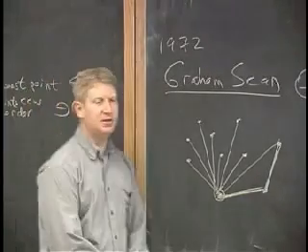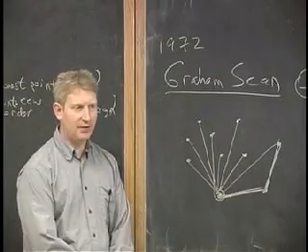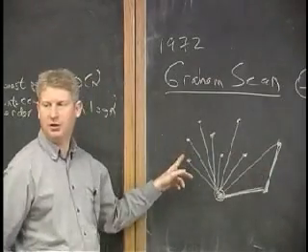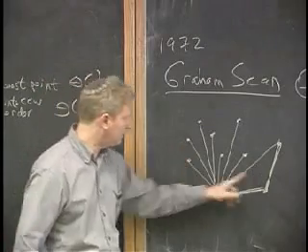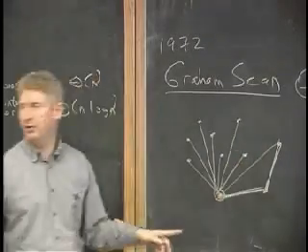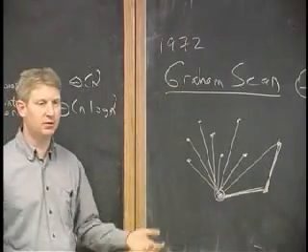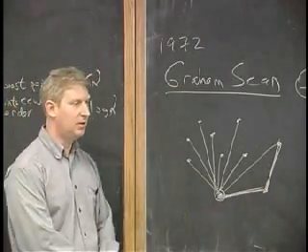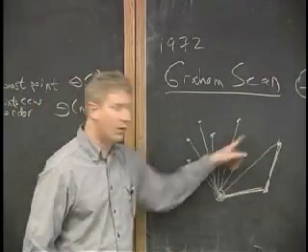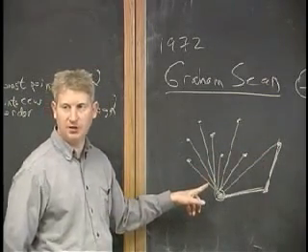What GramScan is basically doing is giving you the convex hull of all the points that it's seen so far as it goes in counterclockwise order. So if you just consider these 3 points, then they are definitely the convex hull of the first 3 points. By definition, there's only 3 points to a convex hull. Now what happens when I add this one in? These 4 points also make a convex hull.